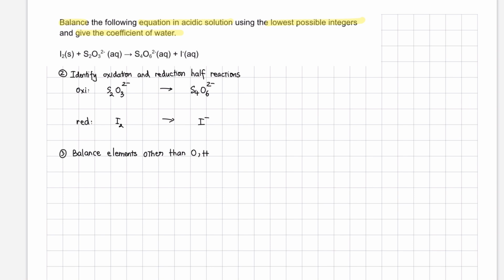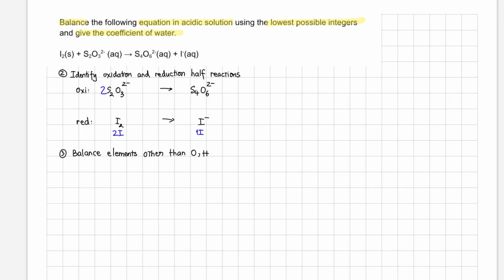Moving on to the next step, we'll balance the elements that are not oxygen or hydrogen. Let's look at the oxidation half. We have 2 sulfur atoms on the left and 4 sulfur atoms on the right. To balance it out, we'll need 2 S2O3. That makes a total of 4 sulfur atoms on the left, which balances with the 4 sulfur atoms on the right.